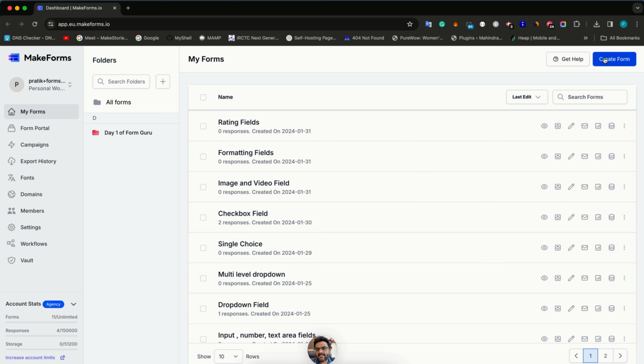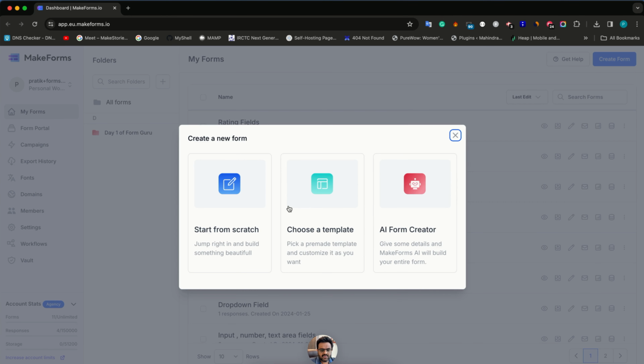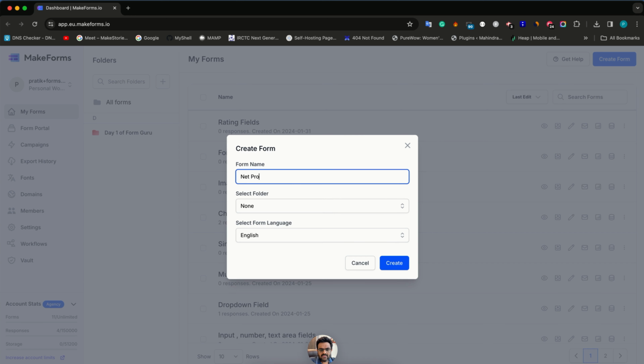But again, coming back to MakeForms and how you can create a net promoter score for your own business, we'll take a quick look at that. I'll just create a quick standard form, net promoter score.